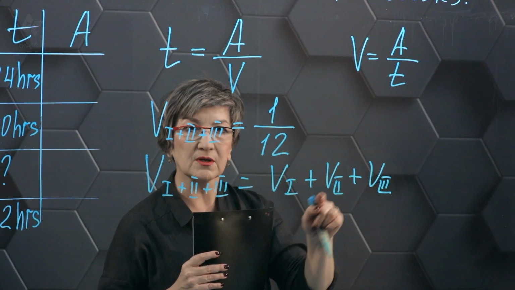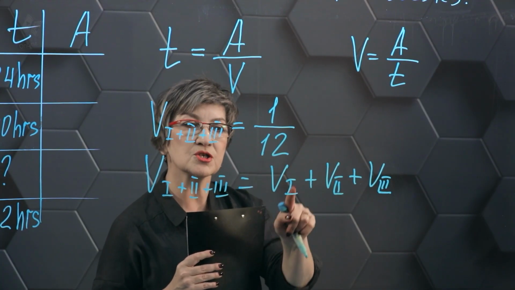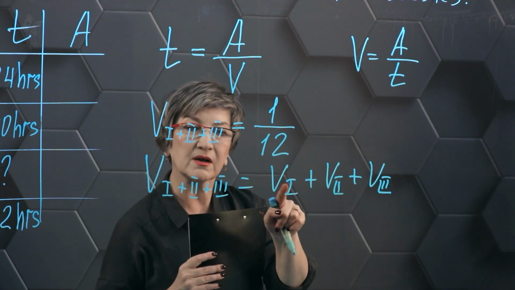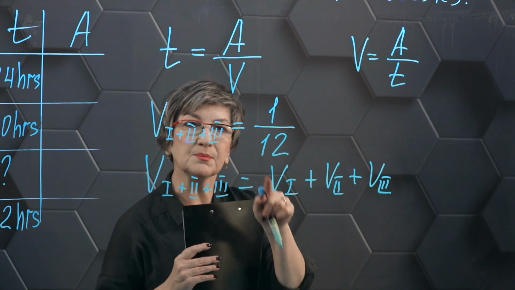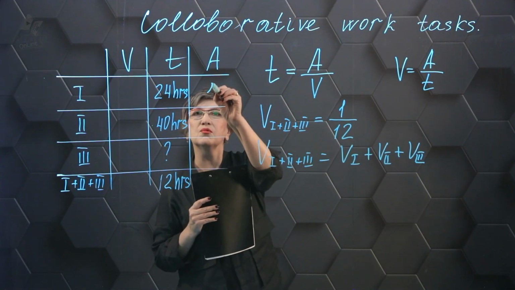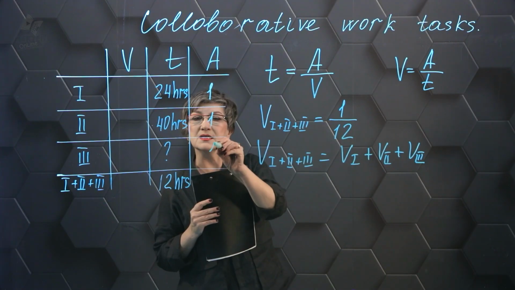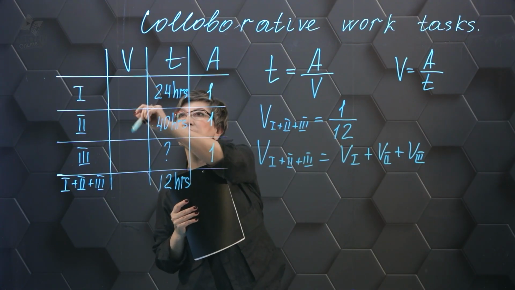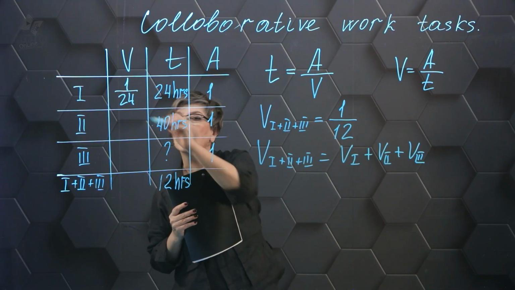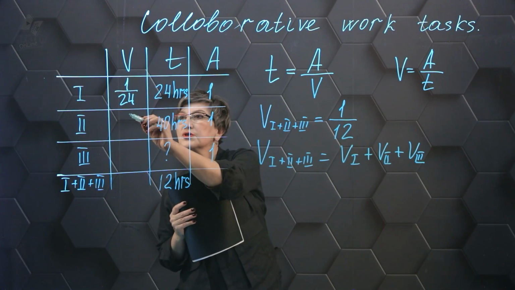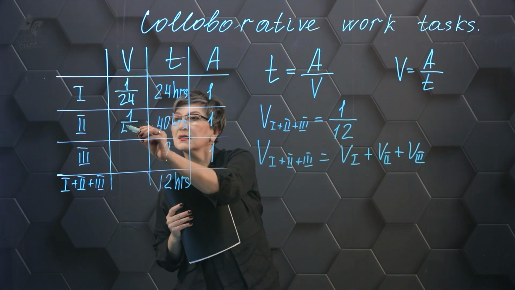But first we need to find the productivity of the first worker. Recall how we need to find the productivity. If work is 1, then the productivity of the first worker is 1 divided by 24. And the productivity of the second worker is 1 divided by 40.